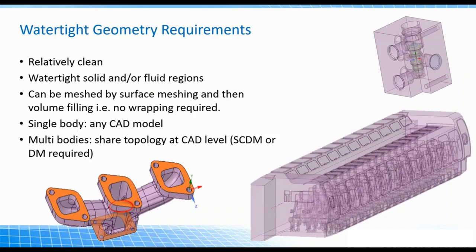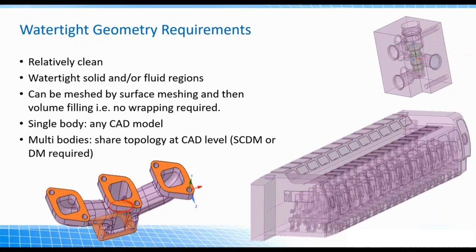When you bring in a geometry from an external CAD source, so not SpaceClaim and not Design Modeler or any other CAD program you may be using, one of the restrictions is it has to be a single body if you import it directly. So what this means is that if you're using SolidWorks or CATIA or some other CAD program, you want to first import that geometry into either SpaceClaim or Design Modeler.